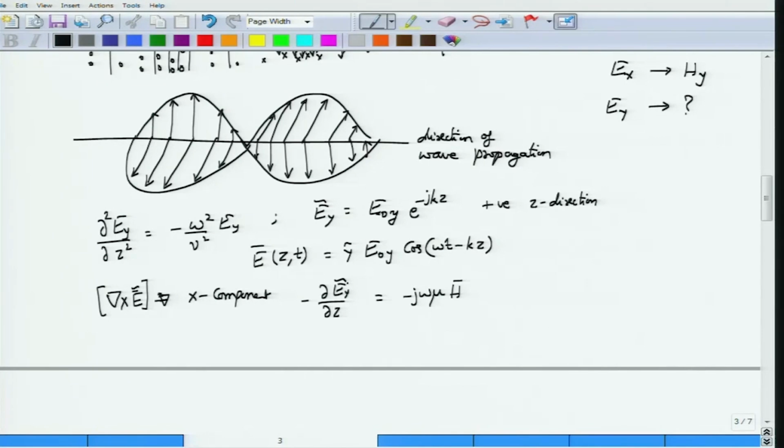So since electric field is along y direction, the magnetic field will obviously be a phasor along x direction. So let me write down this as minus j omega mu Hx. From this I can write down what is Hx.